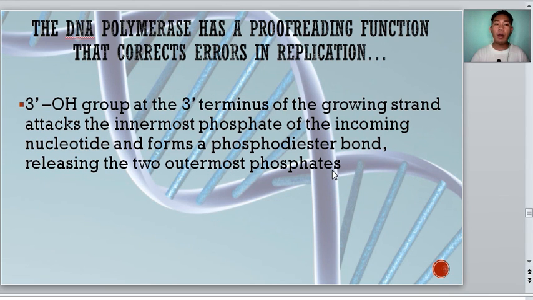The 3' hydroxyl group at the 3' terminus of the growing strand attacks the innermost phosphate of the incoming nucleotide and forms a phosphodiester bond, releasing the 2 outermost phosphates.